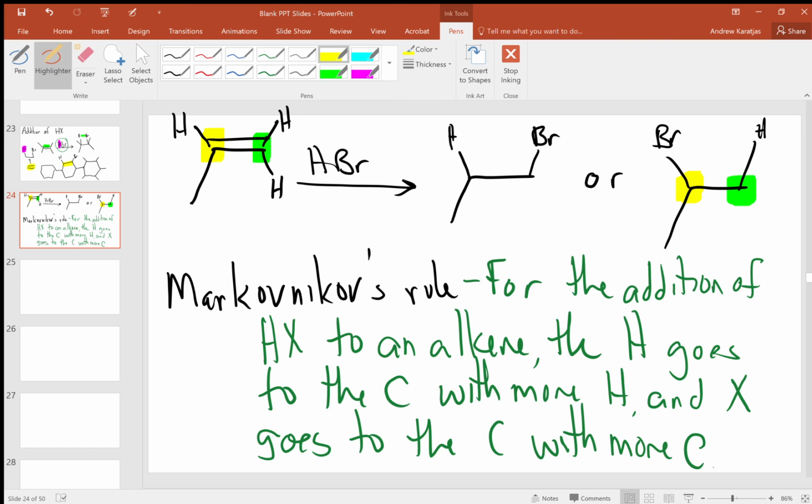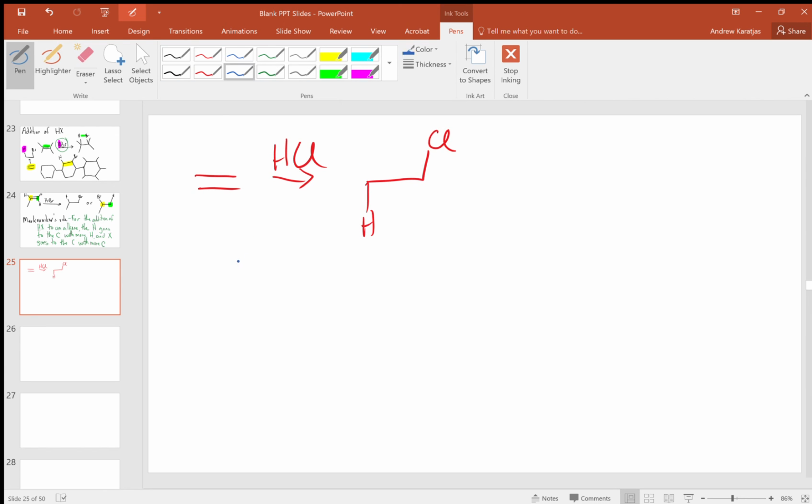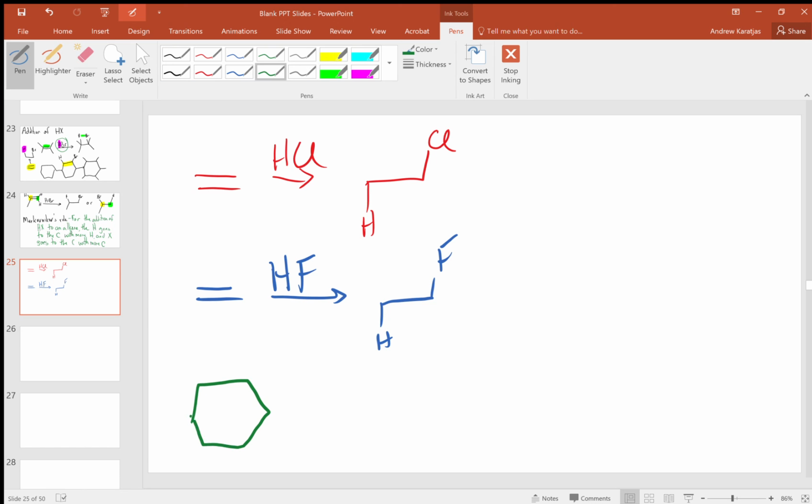And these examples we've done so far have been with HBr, but we could have just as easily done this with HCl, or HF, or HI. And all of them will do the same thing. Hydrogen to the carbon with more hydrogens, and the halogen goes to the carbon with more carbons.